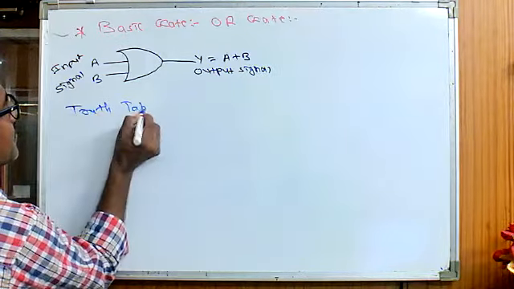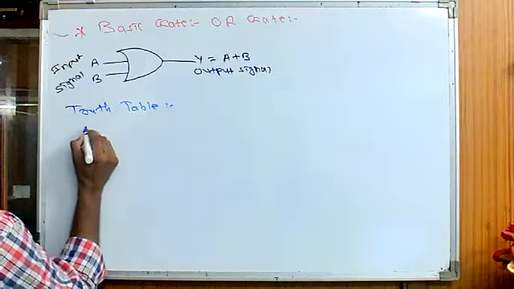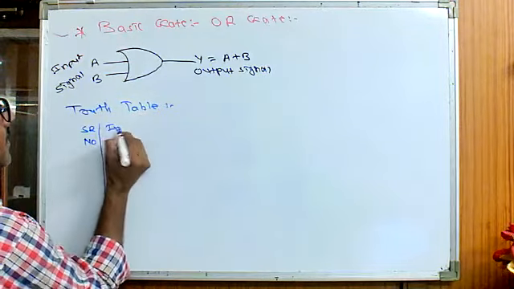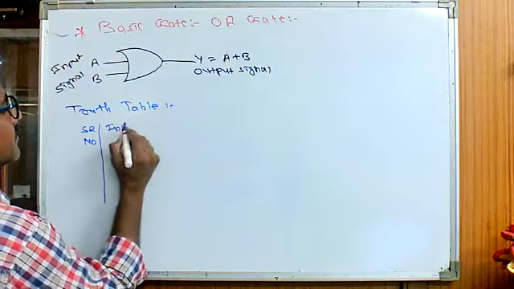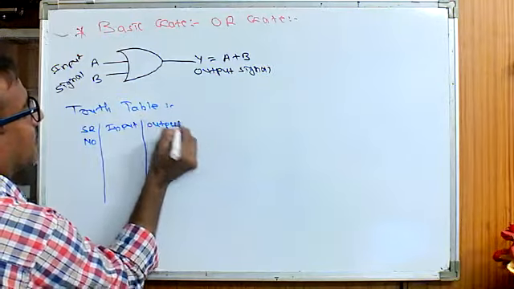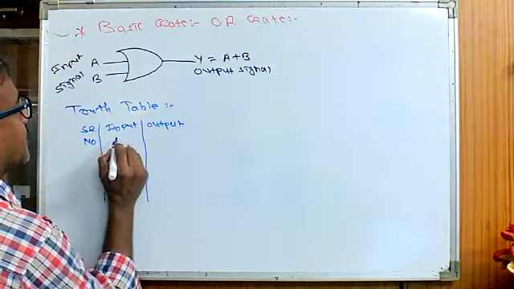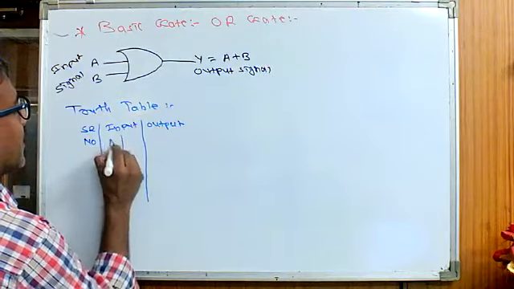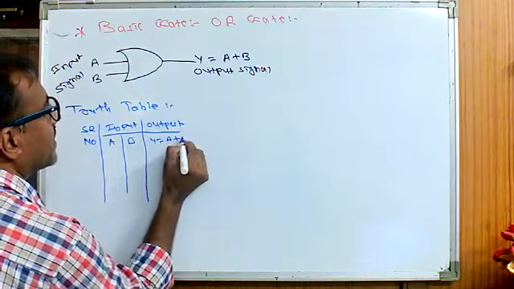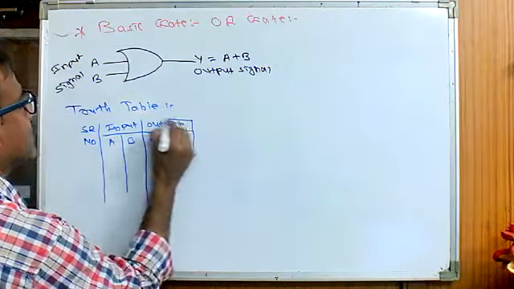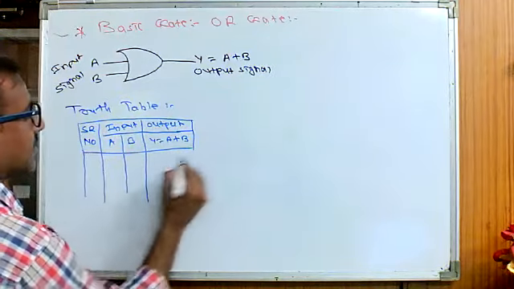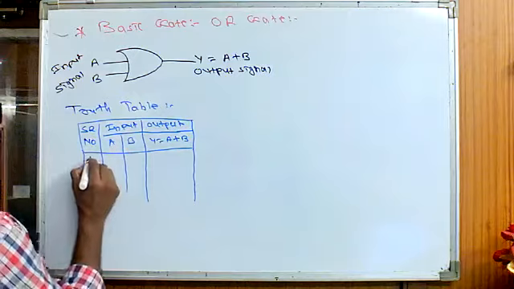Truth table: serial number, input, output. The input signals are two parts, A and B. The output is Y equals A plus B, meaning this is the addition gate, the function of addition.